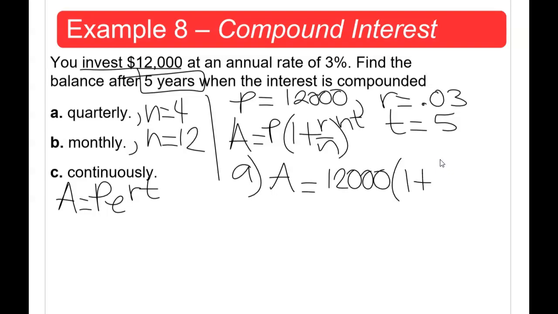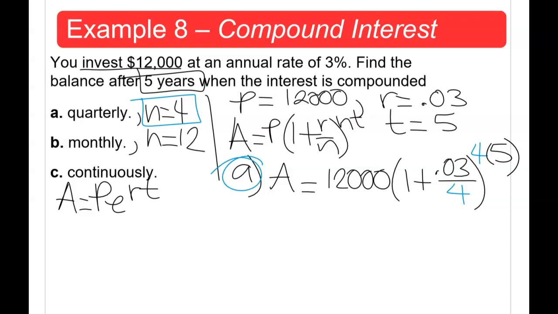Then we have 1 plus, the rate is 0.03 divided by n. n in this case is going to be 4 for quarterly because we were doing part A. And then for the exponent, it's going to be 4 times t, which is the years, and the years is not 3 but 5.